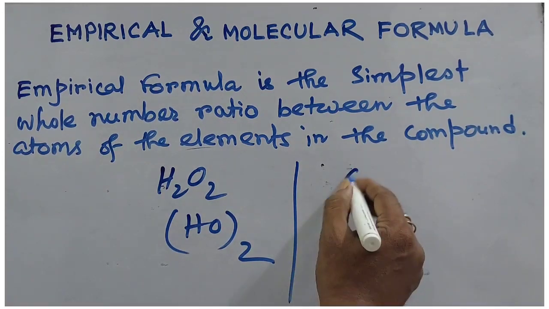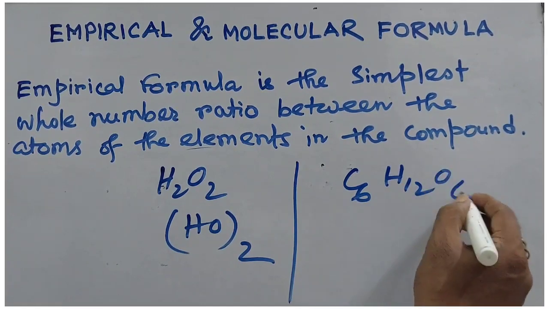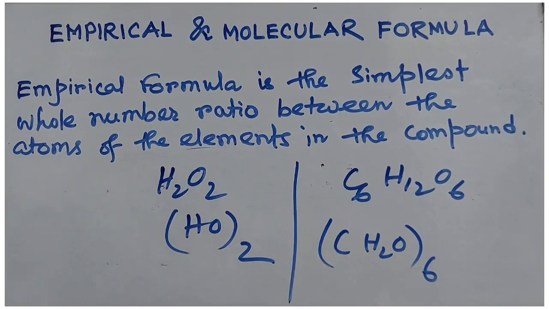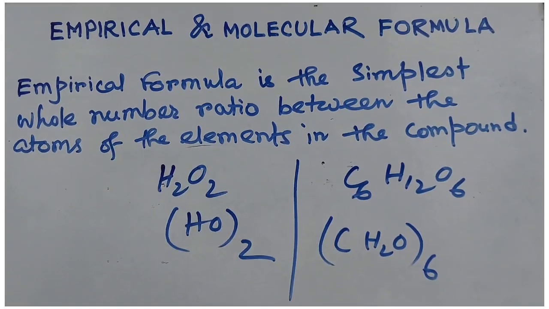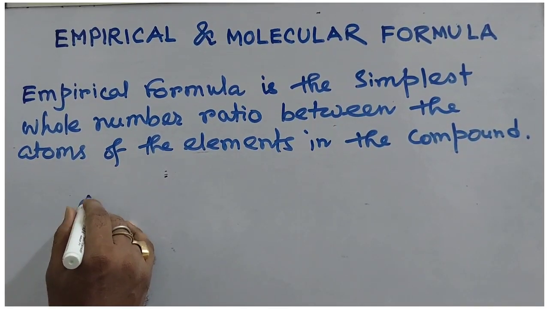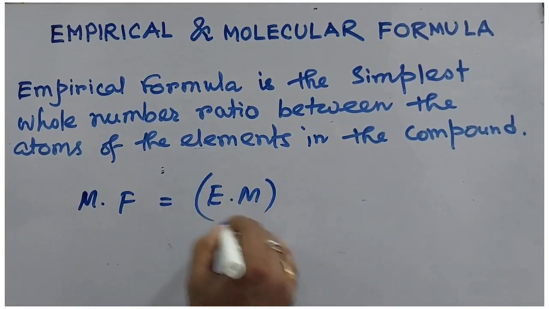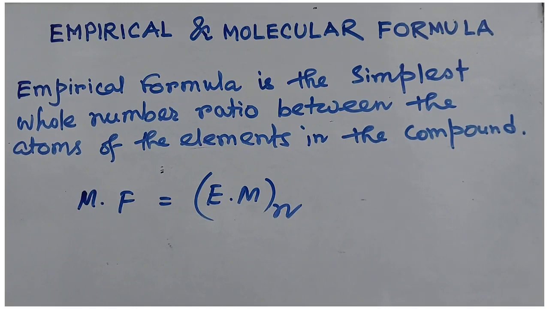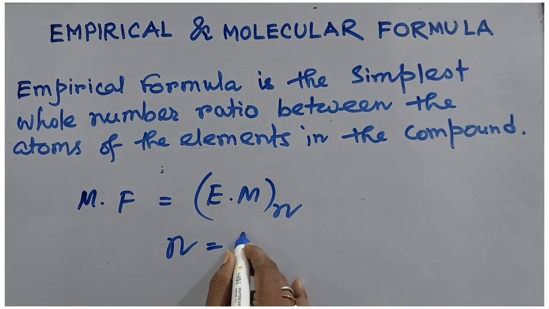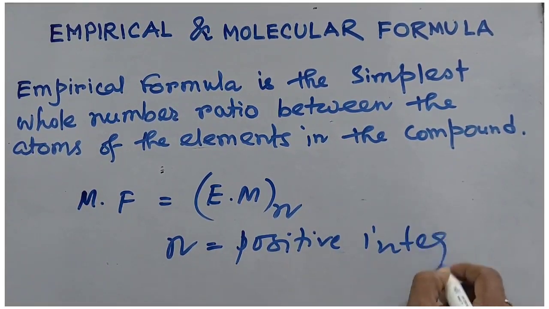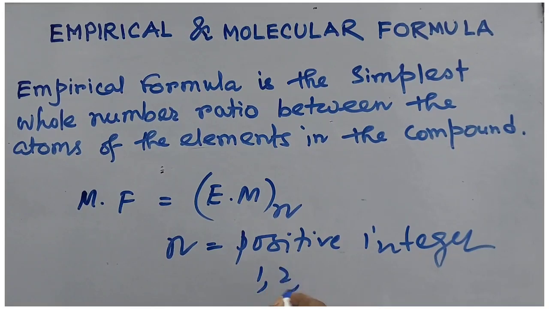That is glucose, C6H12O6, that is CH2O whole suffix 6. Okay. So we can write molecular formula is equal to empirical formula whole suffix n, where n is any positive integer. It may be 1, 2, 3 and so on. Okay.